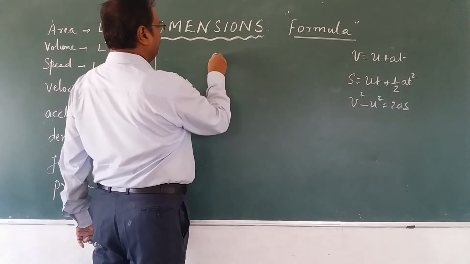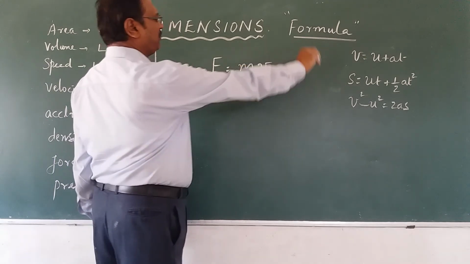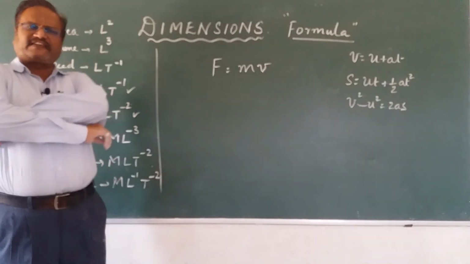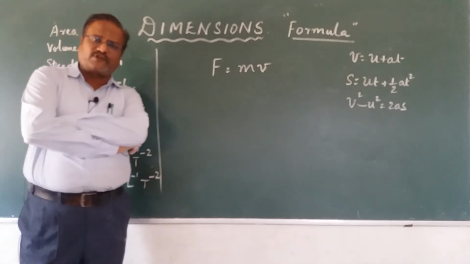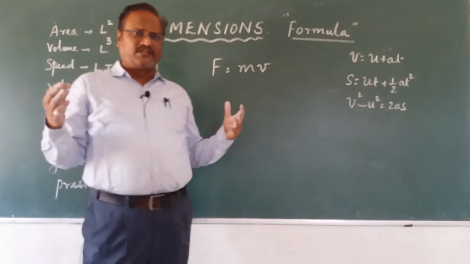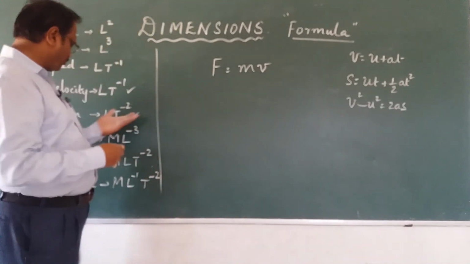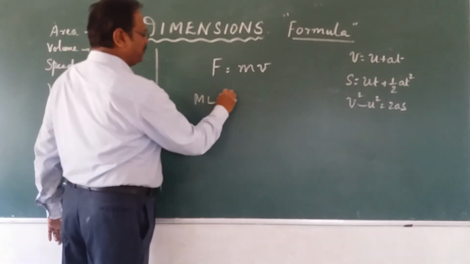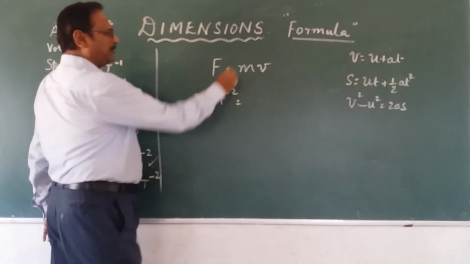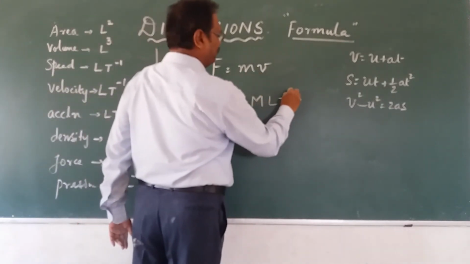Somebody says F is equal to mv. Oh my God. Somebody says F is equal to mv. We know that F is equal to ma according to Newton's second law. So we can check it dimensionally. What is force? See here, m L t power minus 2 is equal to mass m and velocity L t power minus 1.